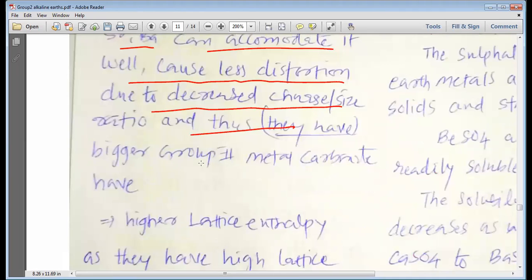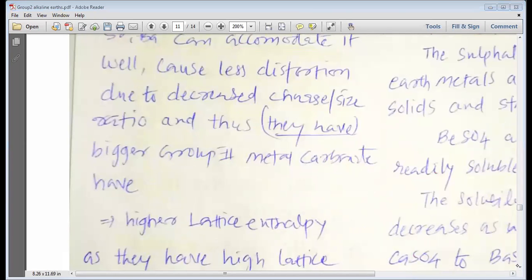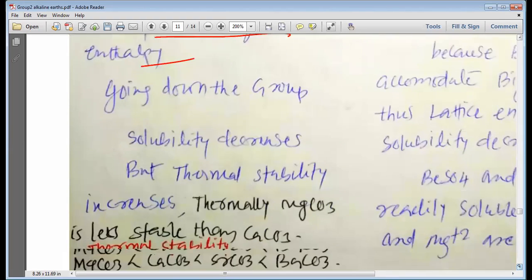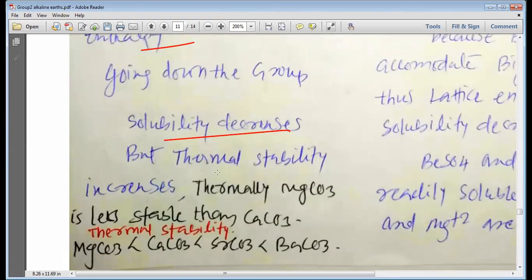Thus these metal carbonates of group 2 elements have higher lattice enthalpy. As they have high lattice enthalpy going down the group, the solubility decreases but the thermal stability increases.